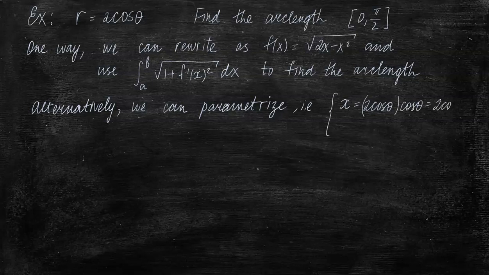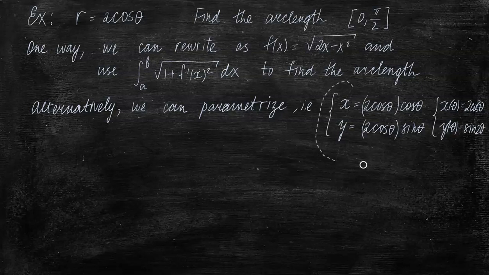And y will be r times sine theta. So our parameterization will be x of theta equals 2 cosine squared theta, and y of theta will be sine of 2 theta.